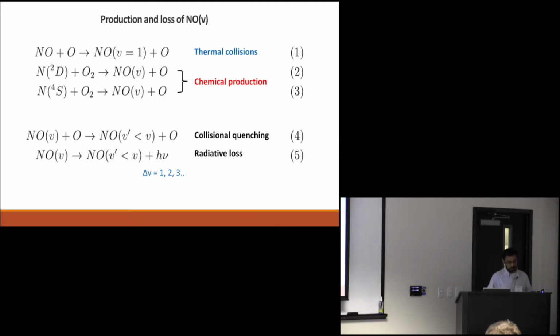Here you have the N(2D) and N(4S) reactions producing vibrationally excited NO. In a minute, I'll show you why it's important. When I refer to chemiluminescence, I'm talking about these two reactions. This is the thermal collision. The way you lose vibrationally excited NO in the thermosphere is it can get quenched by atomic O. It doesn't emit, and the energy goes back into the thermosphere. Or it can emit a photon, and it cools the atmosphere.